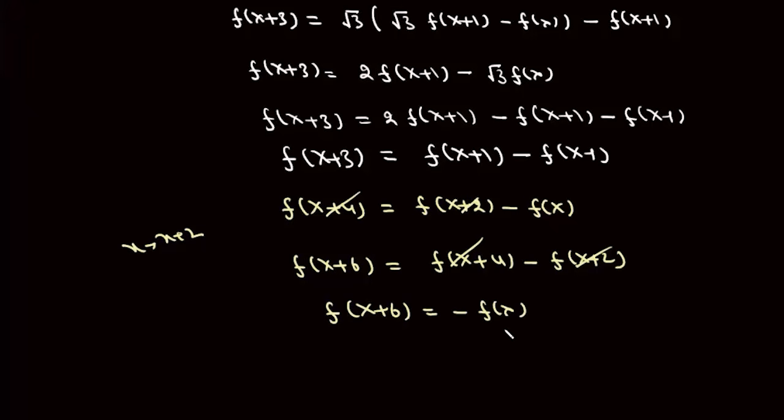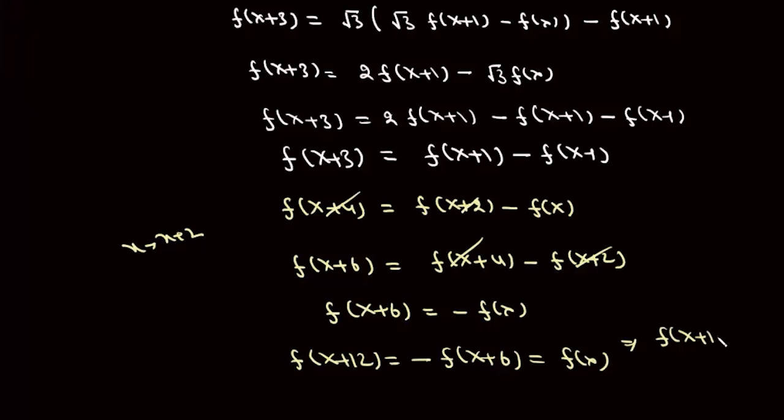Now we have to make it plus f(x). We'll replace x with x+6. We can write f(x+12) will be equal to minus f(x+6), and it's minus f(x). So from here we can say f(x+12) is equal to f(x). So this function is periodic, and the period of this function is 12.